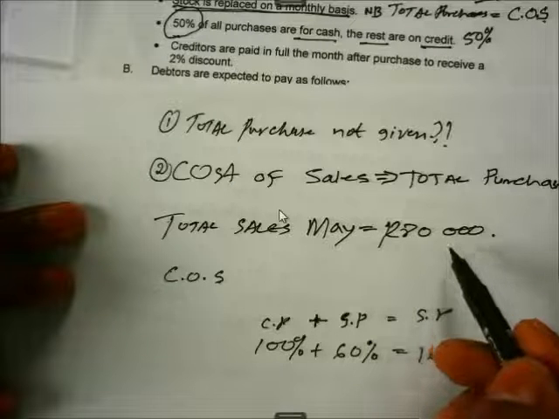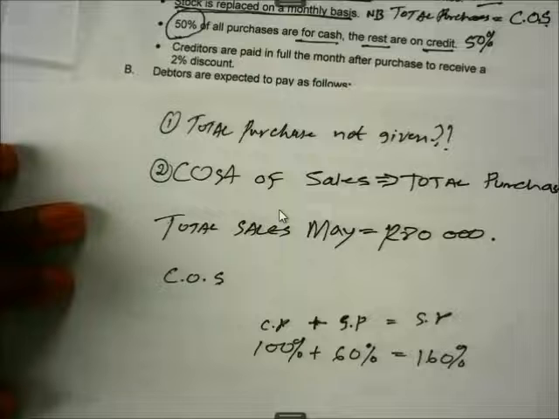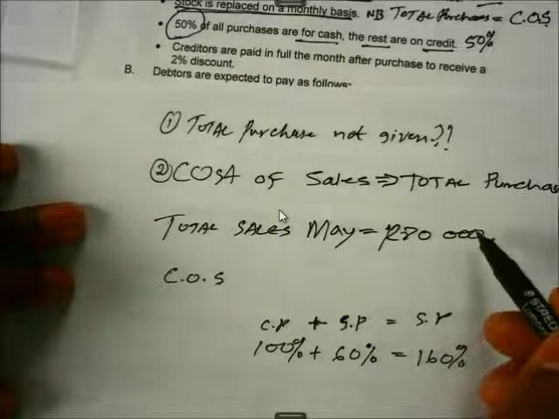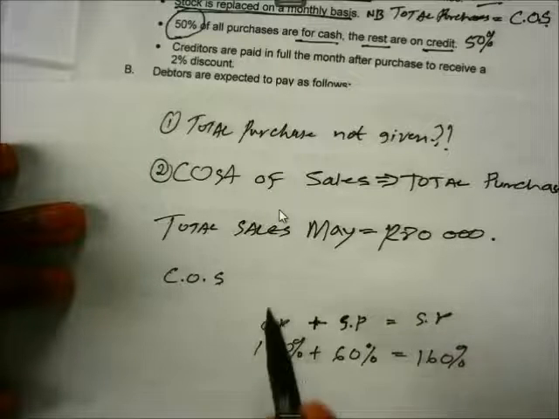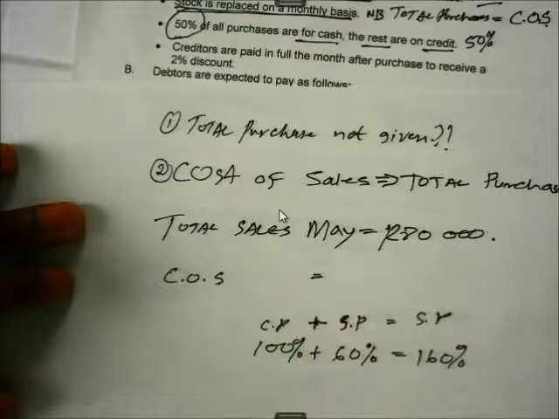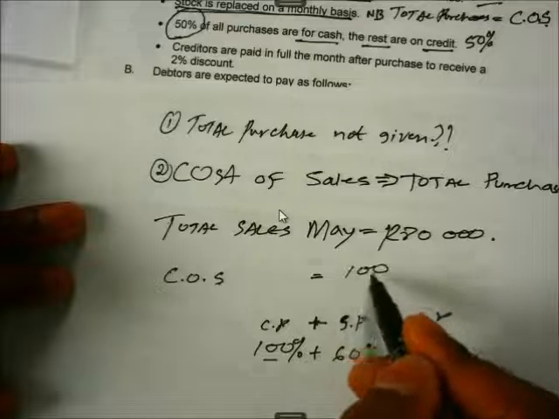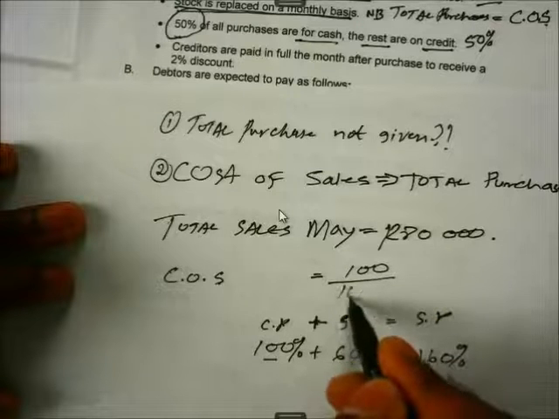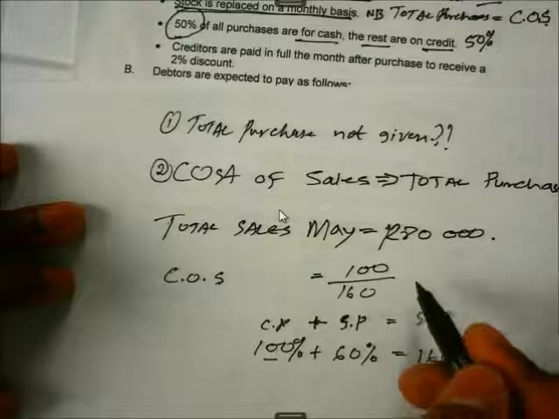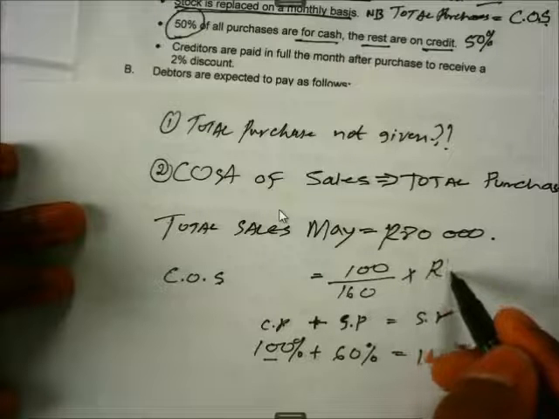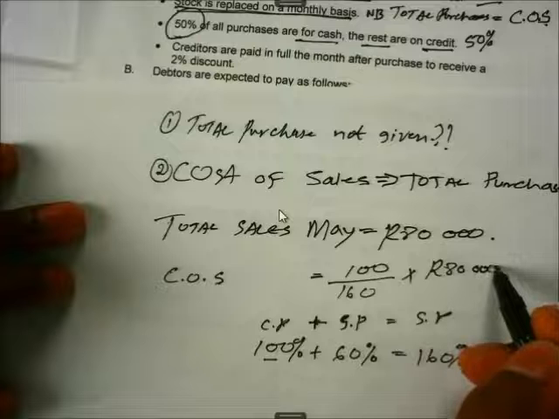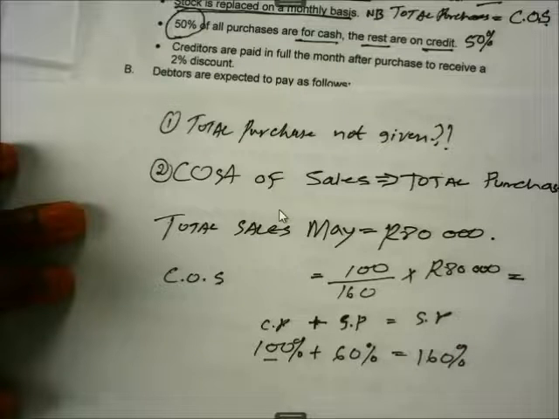This amount of 80,000 already includes the profit. It is the cost price plus the profit. Therefore, in order to get the cost of sales, you are going to say cost price is 100 over 160 multiplied by the amount of 80,000. That will give you your cost of sales.